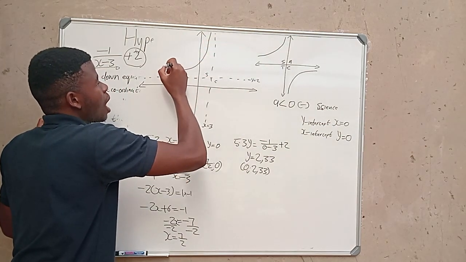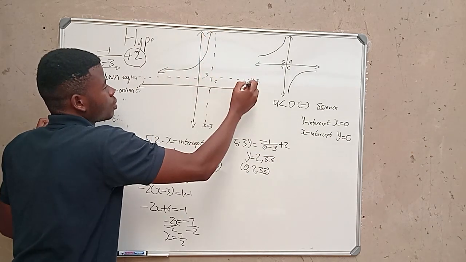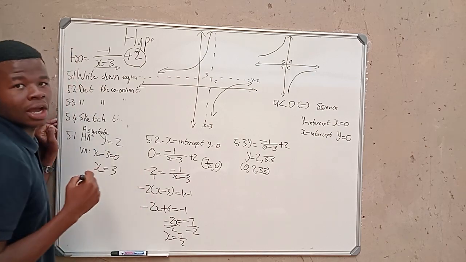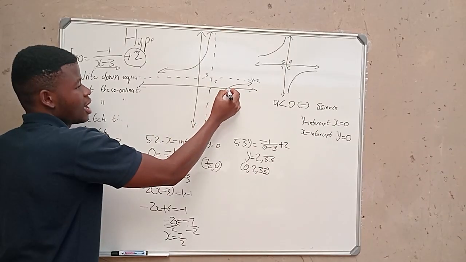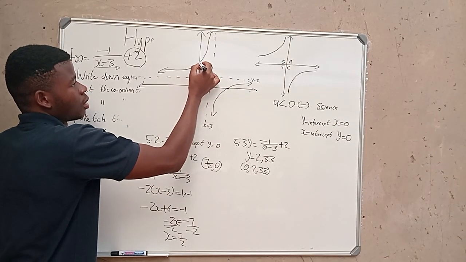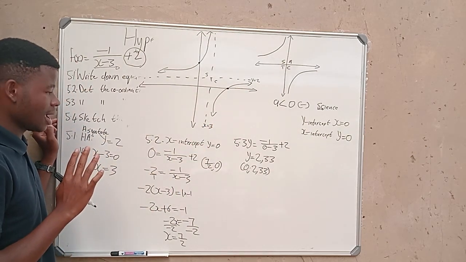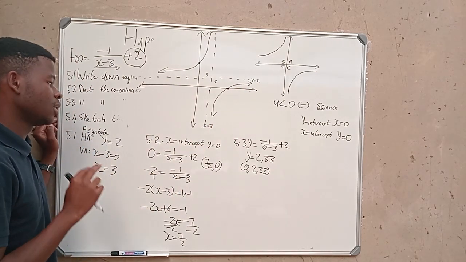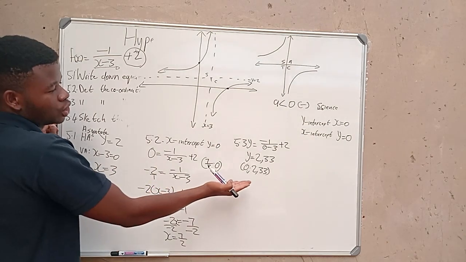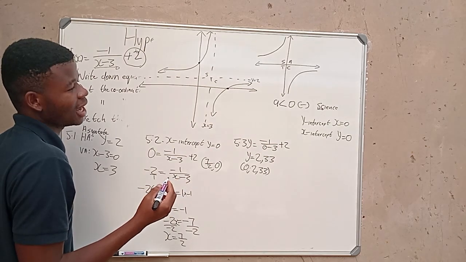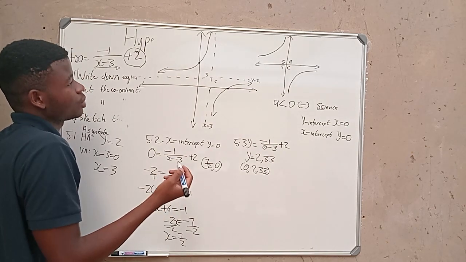Understand? And then after this, you just put your y-intercept and your x-intercept. Let's start with y.